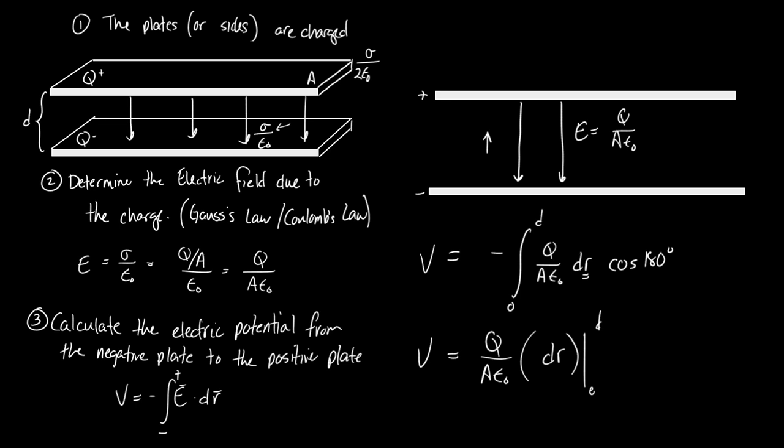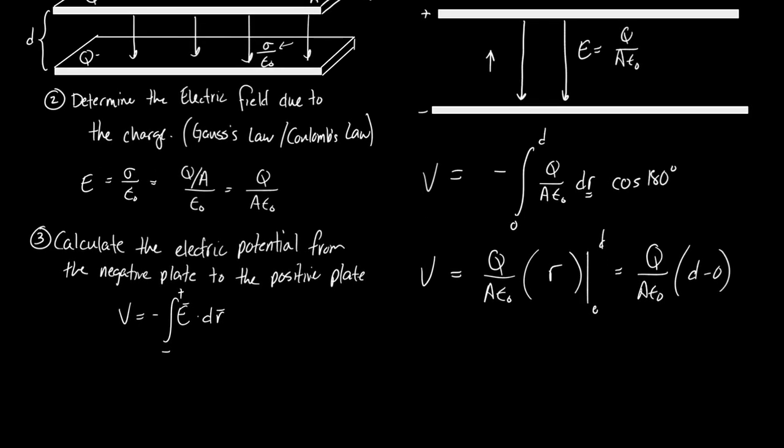Sorry, I'm not sure why I left dr in there. It's just r in there. So that's going to make this Q over A epsilon naught times d minus 0. And finally, that means that our electric potential is Qd over A epsilon naught.